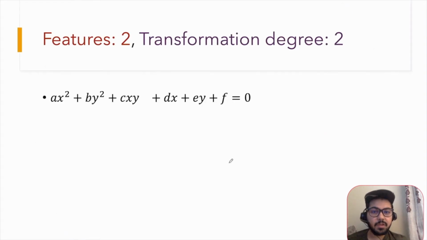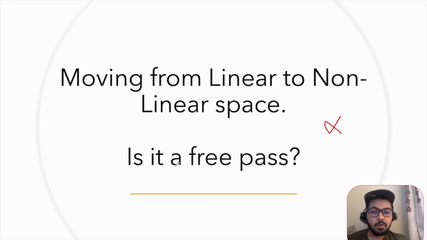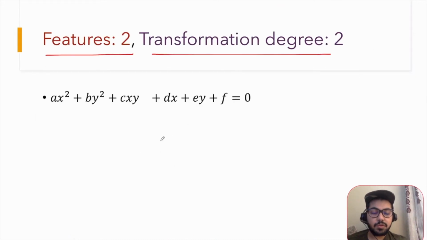Let's say I have two features, and I have a transformation degree 2, as I have seen here. I am transforming the space from linear to the quadratic space, right? So what happens is that we introduce more features. For example, I have only two features, x and y.